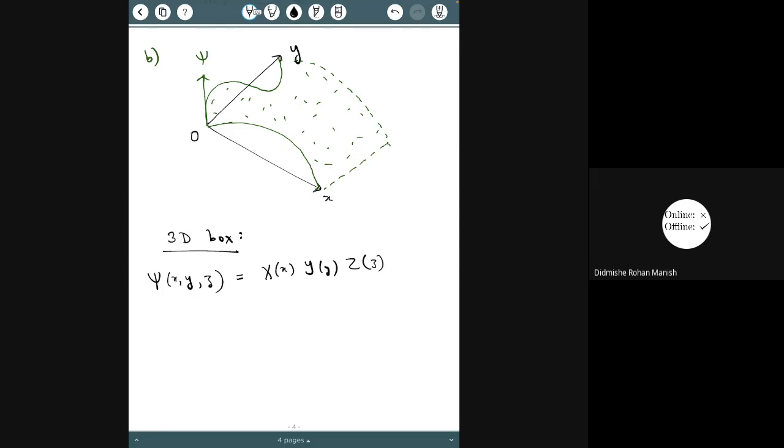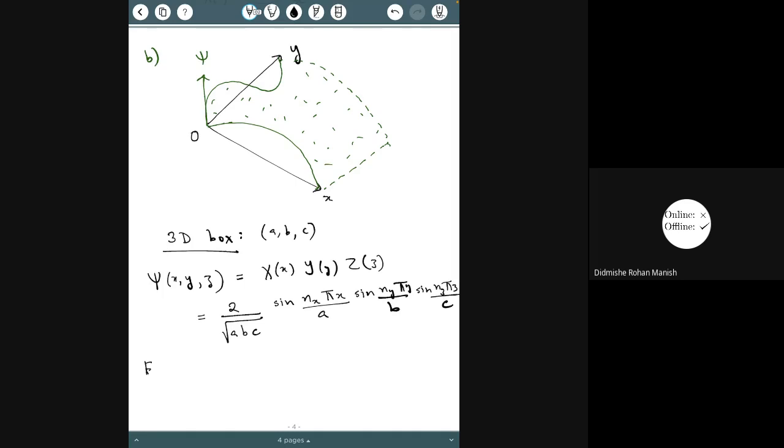So for a 3D box, by extension, it is quite intuitive. You will have again a product separable wave function, and you can follow the same process. Then you will get something that looks like 2 root(abc) times sine(nx pi x by a), sine(ny pi y by b), sine(nz pi z by c).